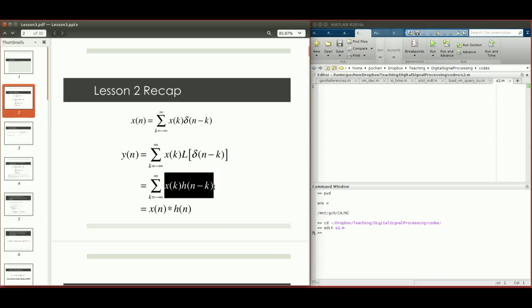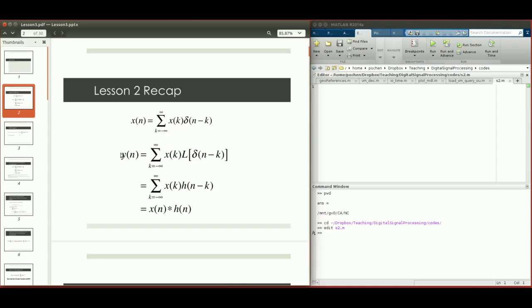If you compare this formula with this formula, you see the similarity. Both of them are linear superpositions. The input is a weighted summation of shifted impulses, and the weights are given by xk, the amplitude of the input signal.